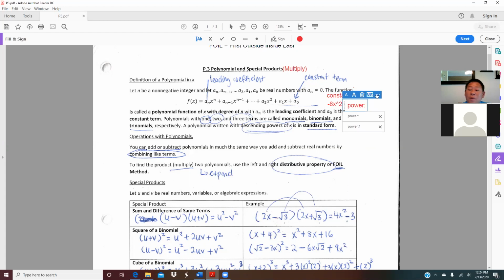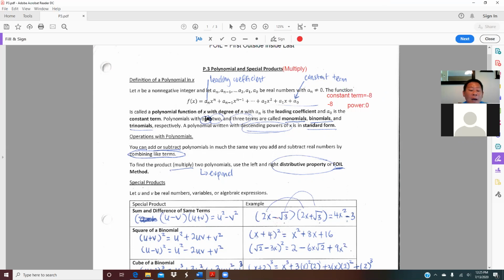But what happens when I say just negative 8? Then what power is this going to be? Anyone? You will get this in your homework. So power in this case will be 0. You are correct. So if there is no x term, your power is 0.